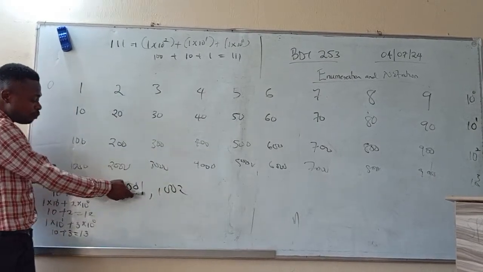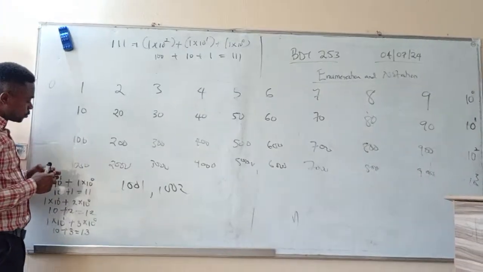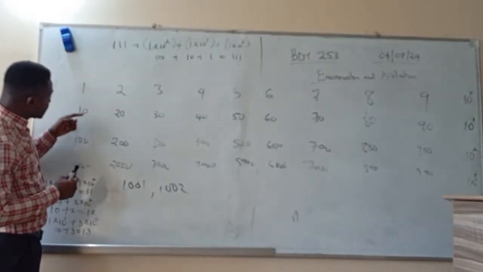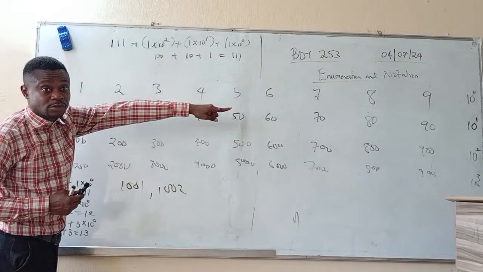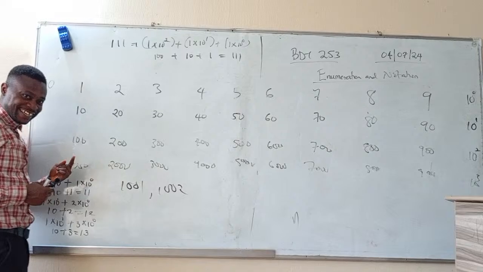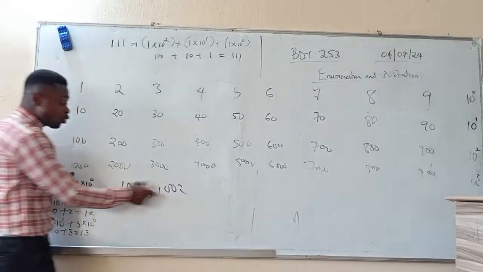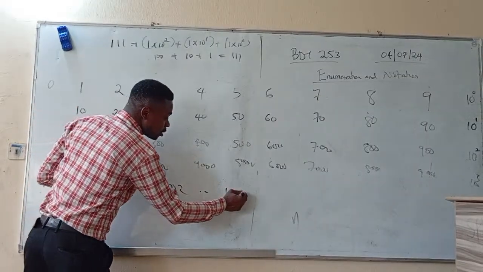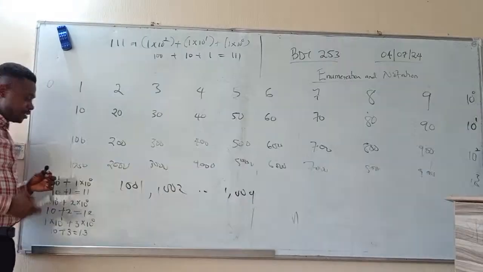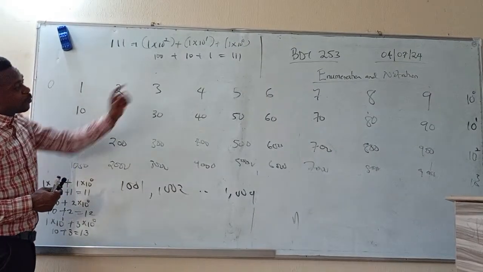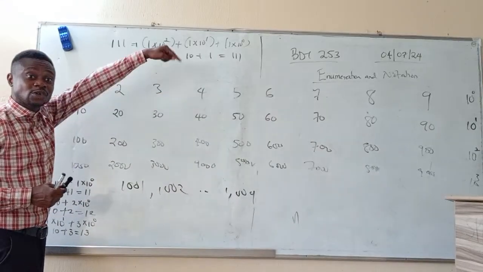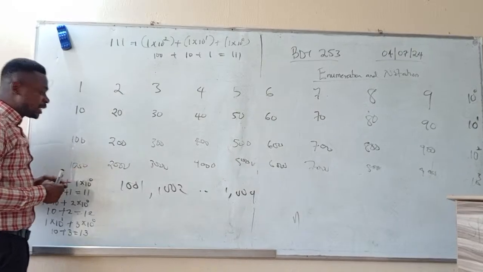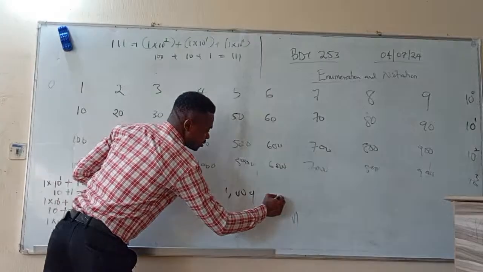Now, if you want to move from this to 10, you do 10 times 10 to the power 0 is what? Calm down, I'm coming. This will continue until you get to 10. Remember. So you do 10 times 10 to the power 0 is what? 10. Plus 1,000 is what? 1,010.